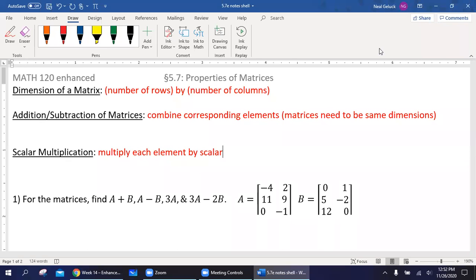For section 5.7, we're going to learn how to do some of the normal algebraic operations on matrices. A matrix, again, is just an array of numbers in rows and columns. The first thing we need to know is what the dimension of the matrix is. The dimension is the number of rows by the number of columns.